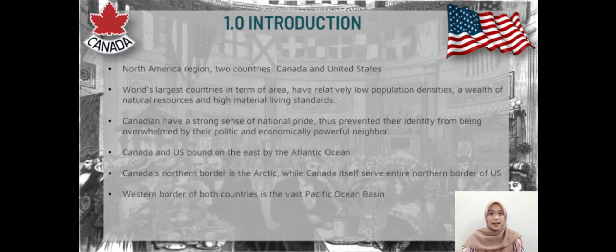They are considered small countries, even though they are not the smallest in the world. So, as a conclusion, North America region is considered the world's largest in terms of area, since all countries in that region have a large surface area.